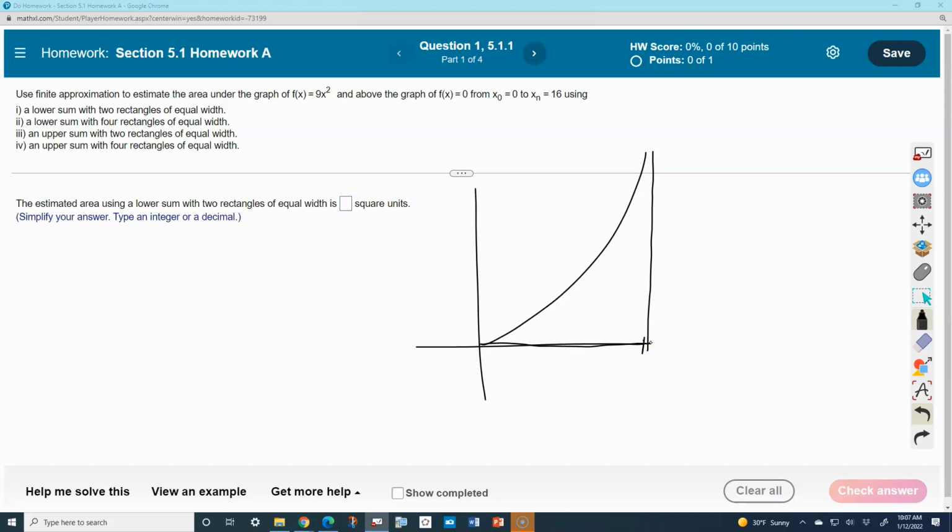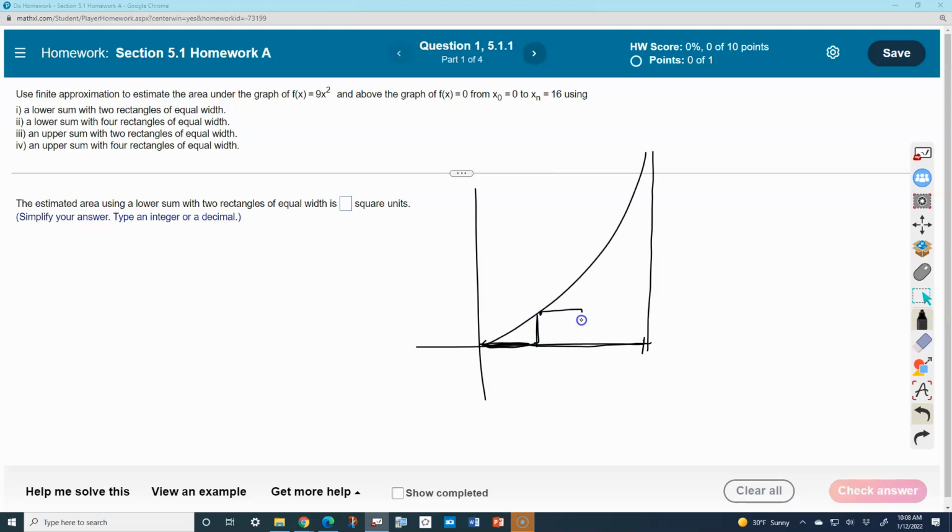So if you want to get a lower sum, would you want to do the left-hand rule or the right-hand rule? Right. If you are wanting to get a lower sum, you're going to need to do a left-hand rule. Because if you do a left-hand rule, you start here, and that would be your first rectangle.